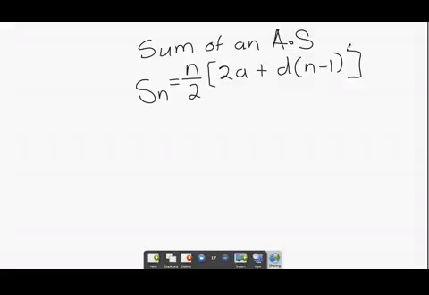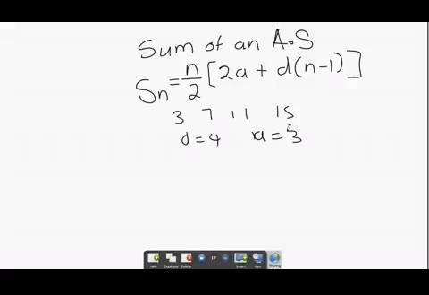So they'll say, let's have a sequence 3, 7, 11 and 15. Now in this sequence, d is going to be equal to 4 and a is going to be equal to 3.